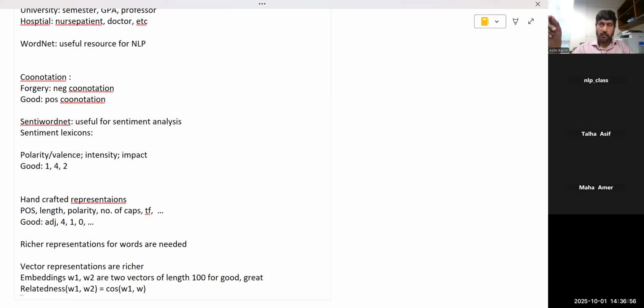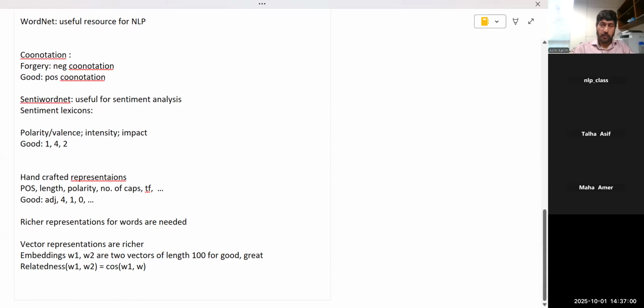We know that great is like a synonym of good. But ये और word भी हो सकता था. For example, W1 मैं कहता हूँ कि let's say nurse है, and W2 मैं कहता हूँ patient है. Of course, these are not synonyms, but their relatedness would be high because they both belong to a semantic field, which refers to that these words are used commonly in the same context.